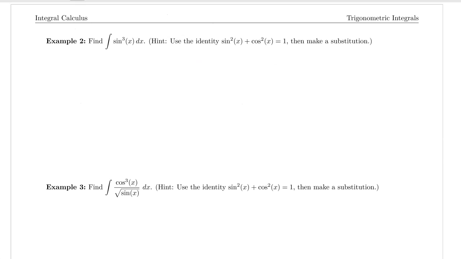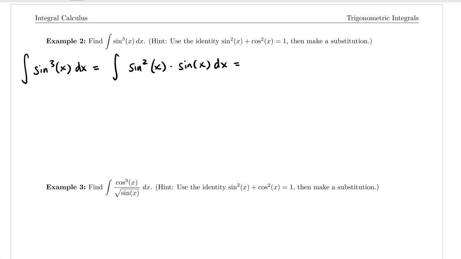Example 2 wants us to find the indefinite integral of sine cubed of x dx, and it gives us a hint to use the Pythagorean identity sine squared x plus cosine squared x is equal to 1. Then it asks us to make a substitution. So I'm going to take the hint, and I'm going to rewrite my integrand as sine squared x times sine of x dx.